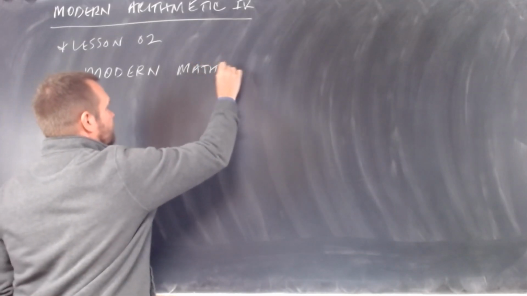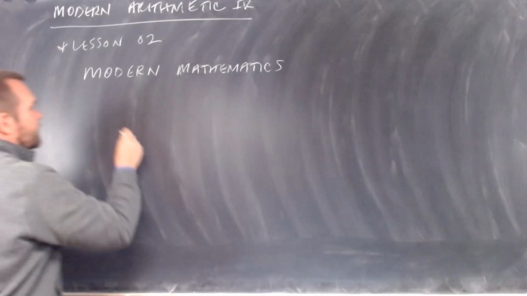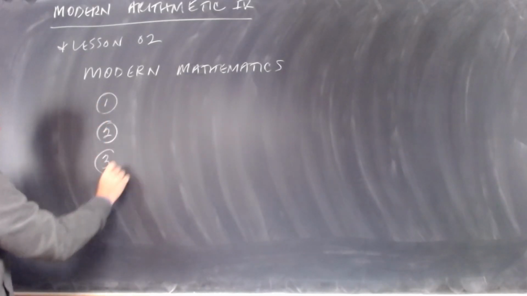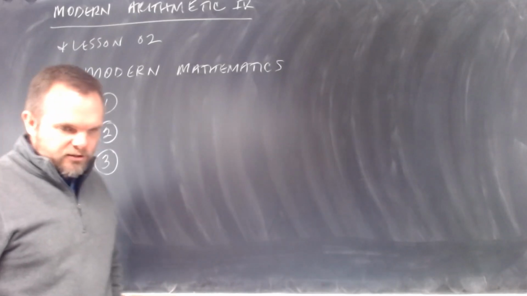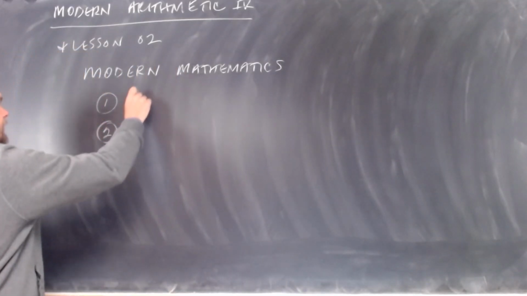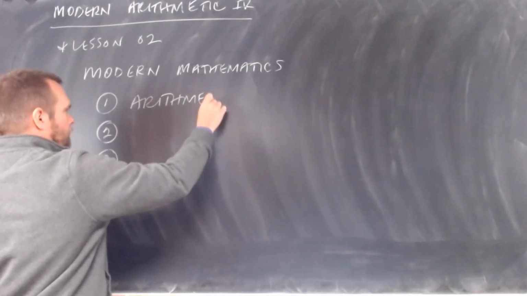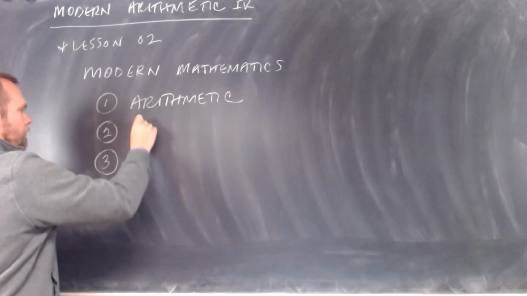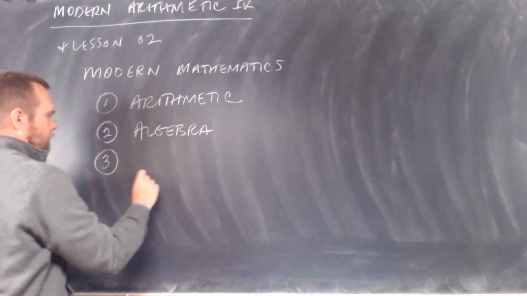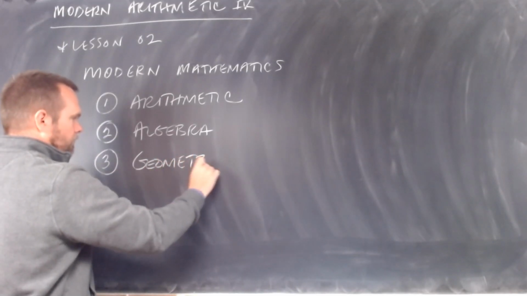The branches of modern mathematics are 3 in number: arithmetic, algebra, and geometry. And that's right out of the textbook.